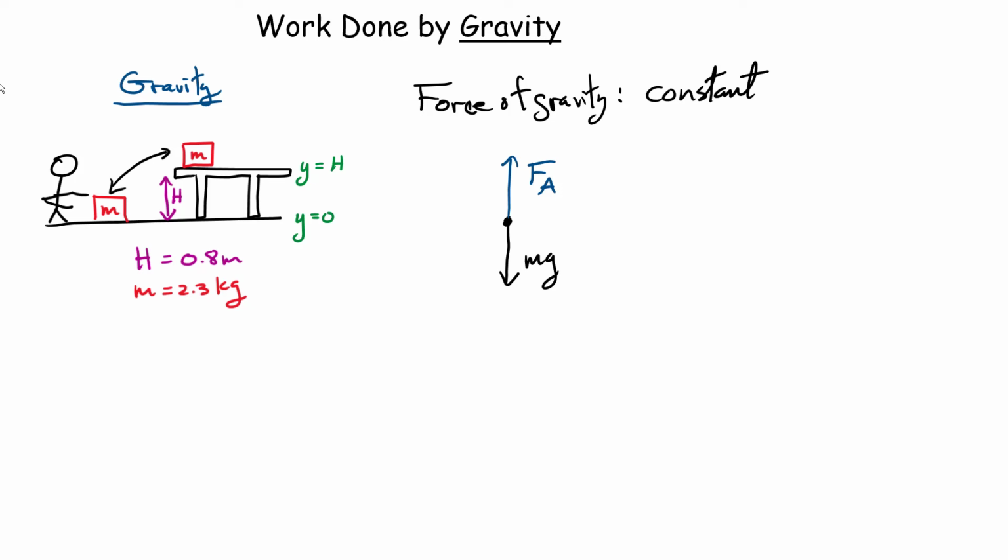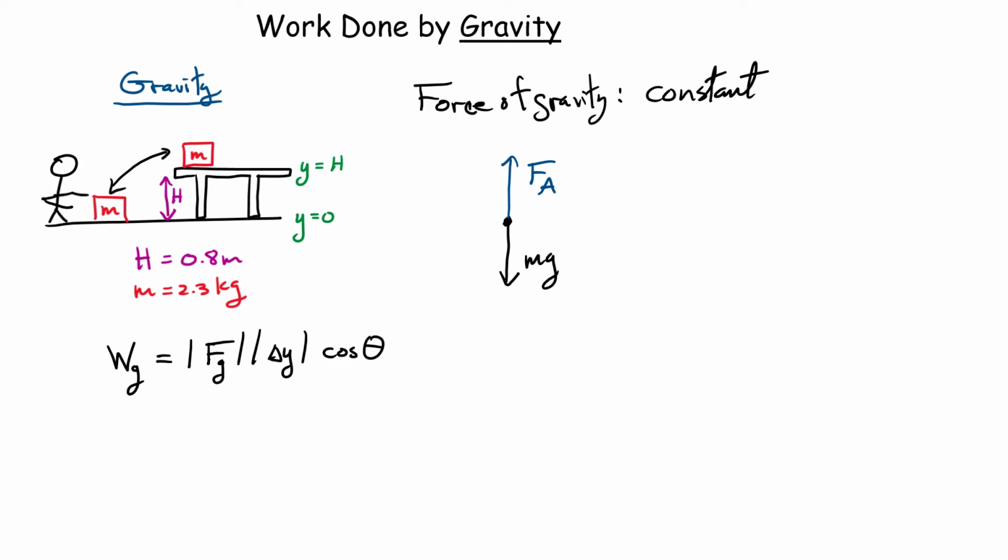First thing we're going to do now is, if the force is constant, to calculate the work, there's really two ways to do it. If the force is constant, the work done by gravity or any constant force is the magnitude of the force, in this case the force of gravity, times the magnitude of the displacement, and then multiplied by cos of the angle between the force and the displacement.